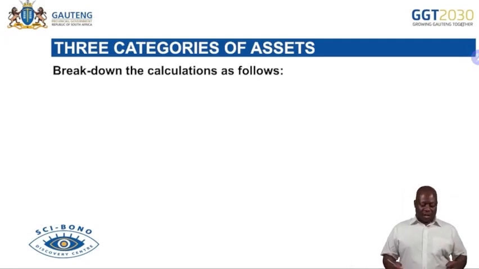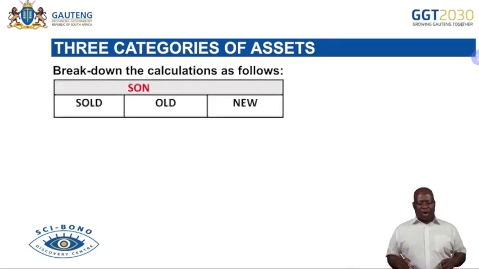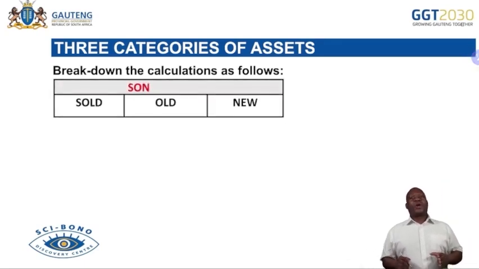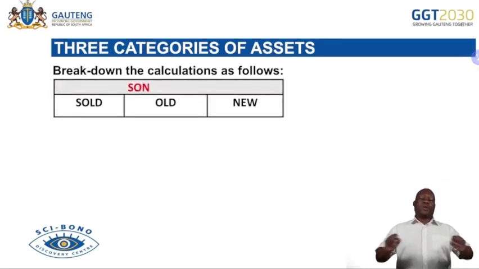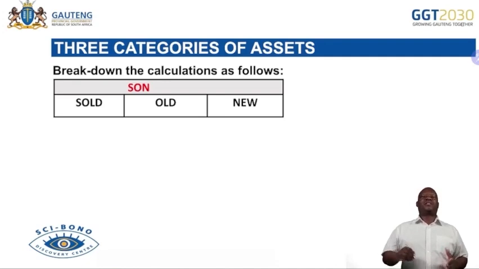We are going to be looking into the 3 categories in which we have to calculate our depreciation on assets. When calculating depreciation for equipment, for example, we have equipment that has been there from the start of the year, and some of it is sold during the year, and maybe new equipment is bought into the business during the year.